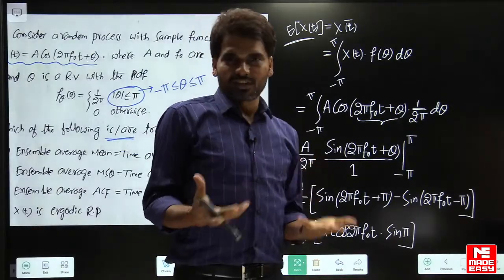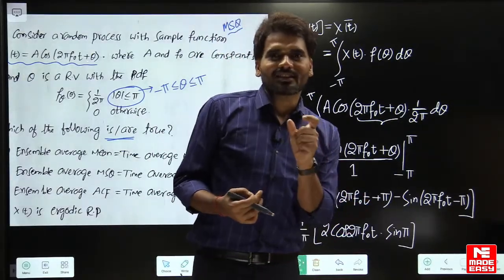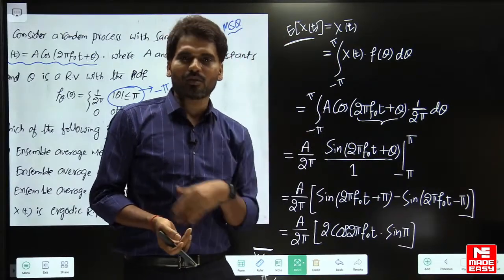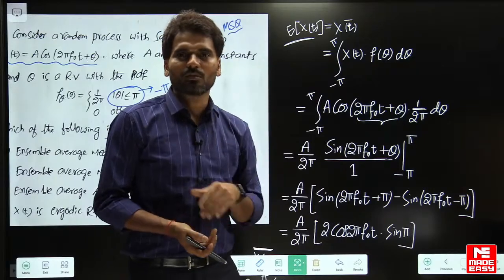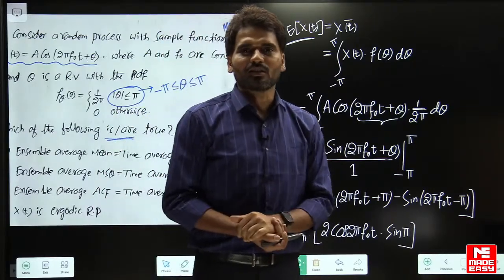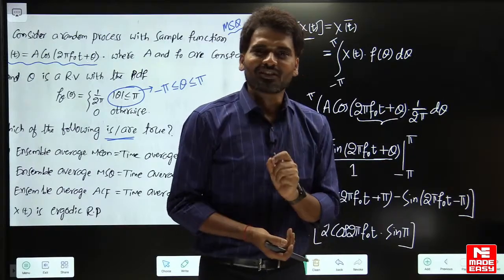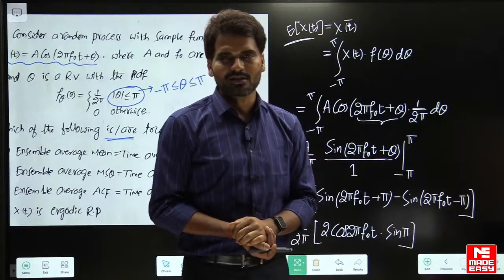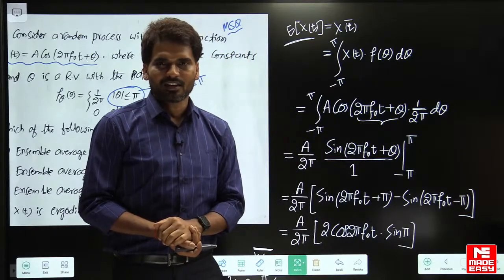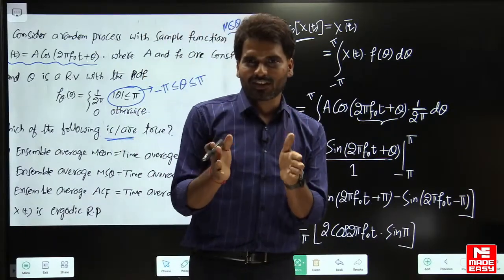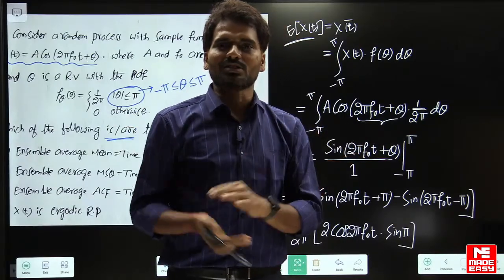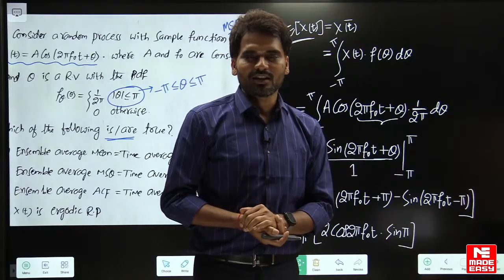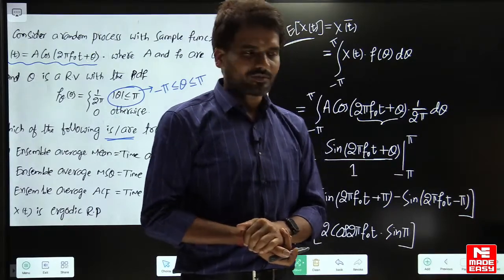If you see the definition, the statistical averages we find at a specific time instant by considering all possible sample functions are called ensemble averages. The time averages we find for the given sample function over a specific time interval are called time averages.